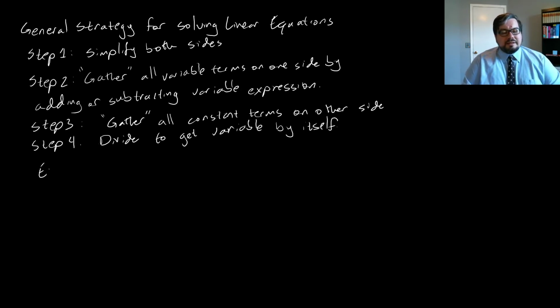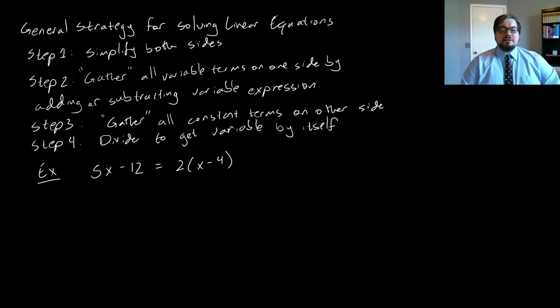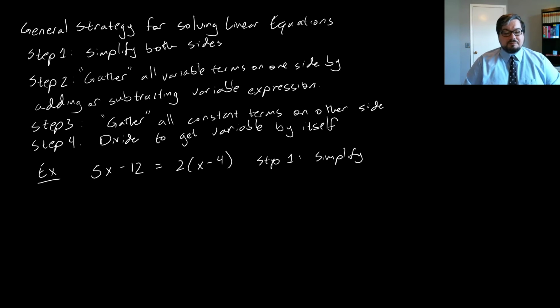So let's see an example right away, a simple example of how we will use this strategy. Let's say that we've got 5x minus 12 is equal to 2 times x minus 4. So here's our equation that we want to start with. So step 1, we'll simplify this equation.